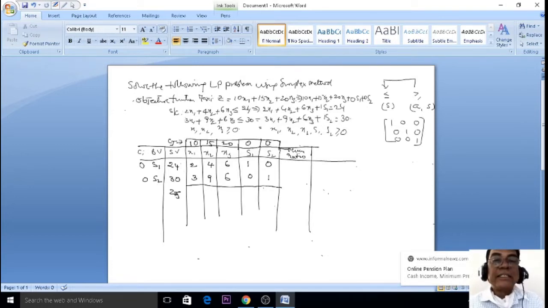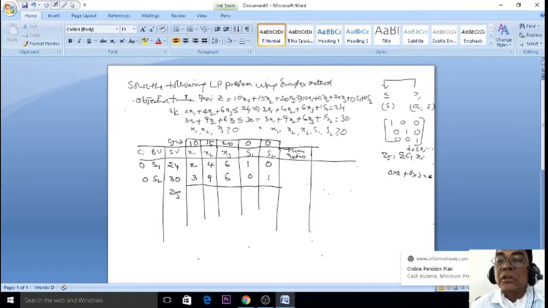Next point, Zj. I already told you Zj. What is the basic formula for the concept of Zj? Zj is equal to sigma Ci into Xi, where i is equal to 1, 2, 3, 4, and so on. It means 0 into 2 plus 0 into 3, all equal to 0, so write down 0 here.